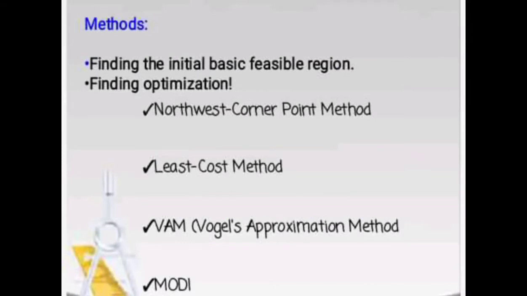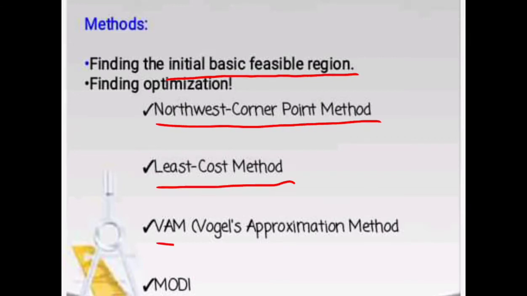Now we are on the methods. In order to solve a transportation problem, we first find the initial basic feasible solution. In order to find this initial basic feasible solution, we can use the following methods, which are the northwest corner point method, the least cost method, and the VAM or the Vogel's approximation method.